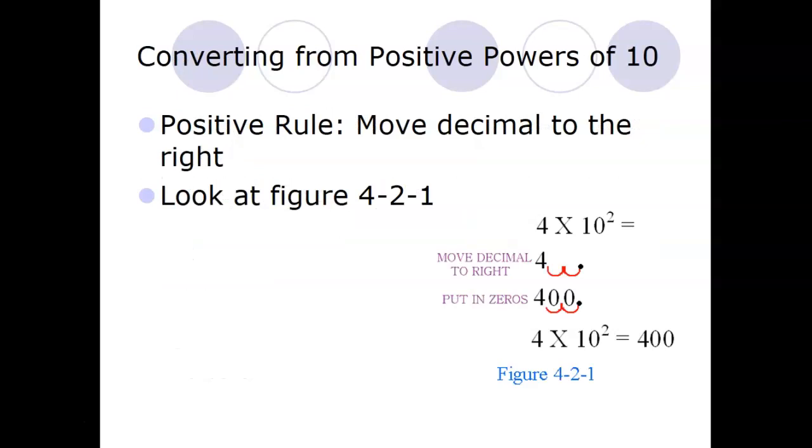So, converting from positive powers of 10. All right, guys, I'm going to say this, and this is going to be my mantra through a lot of this, and it's going to drive all of y'all nuts, but there is a reason I say it. The phrase is, when in doubt, write it out.